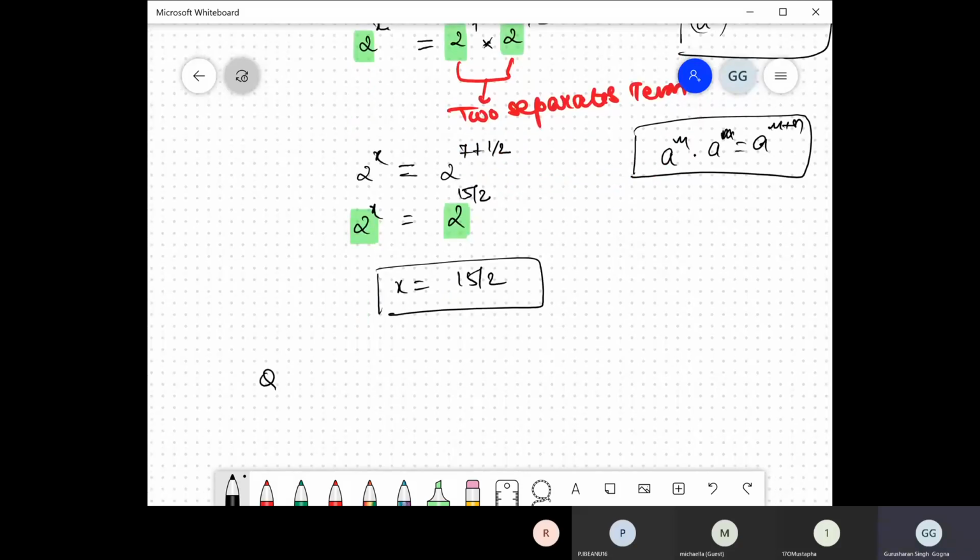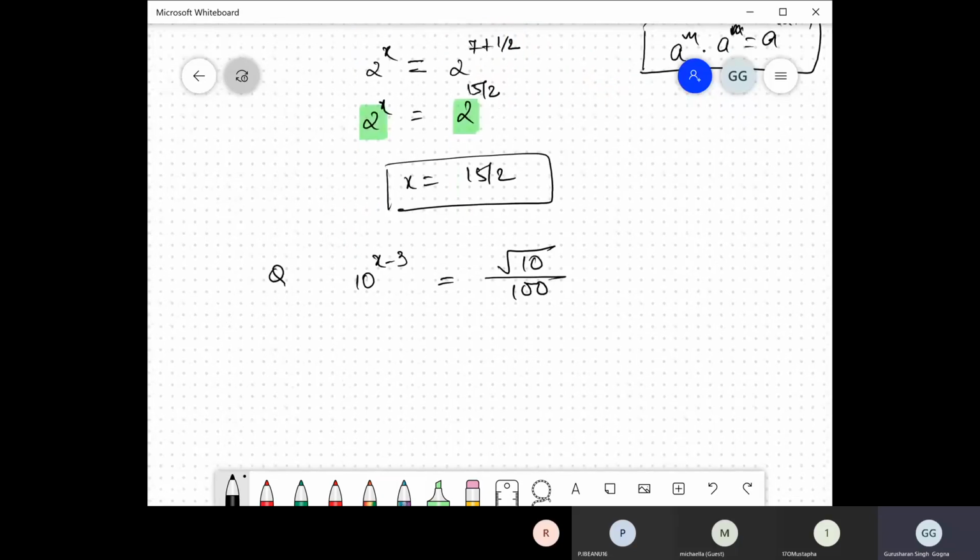Okay. Let's try another one. 10 to the power x minus 3 equals root 10 over 100. So what's the step? Would you change the square root into a half?